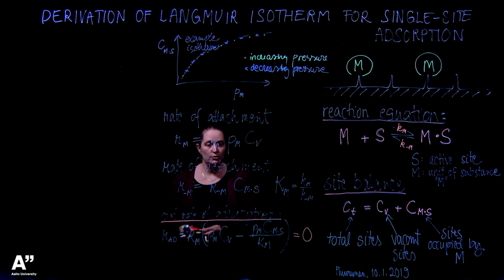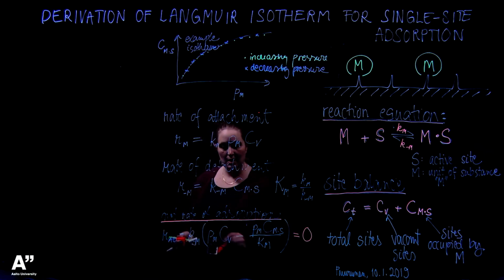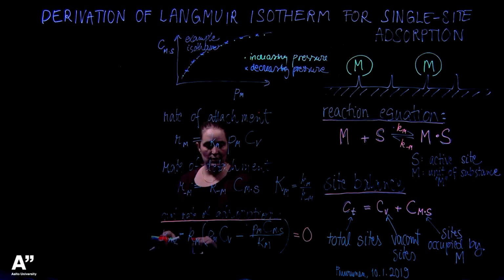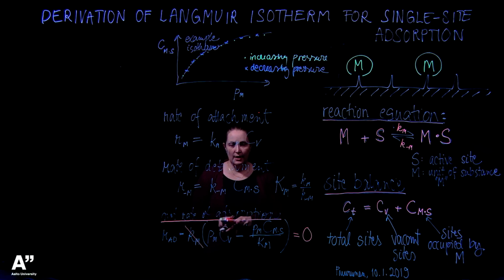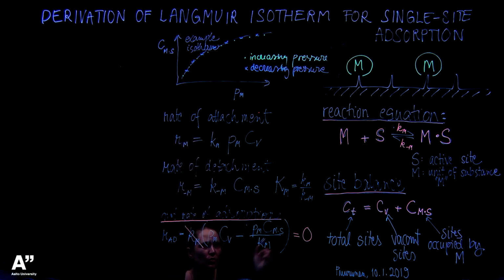What we can do to simplify is that we have here a term that multiplies something and we are at 0, so this cancels out. And then we are going to solve for the CMS. I will write it here at the bottom. So CMS. There is a PM that shouldn't be there.